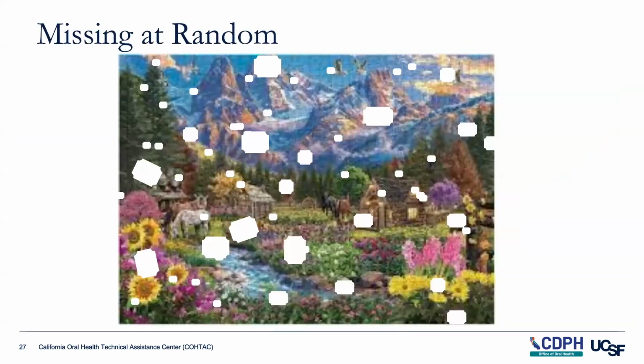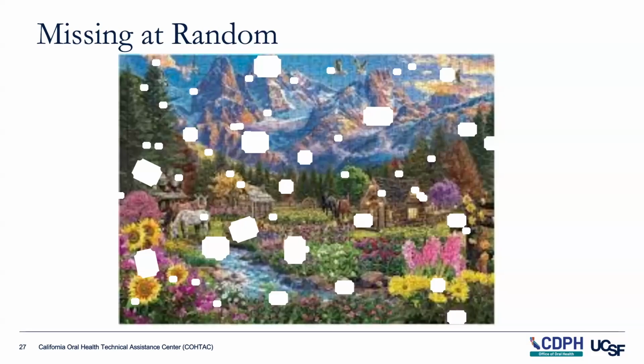When we do data, there's always missing data, right? In epidemiology, what we hope is that data is missing at random, which would be this example here. We have a picture and just randomly missing pieces of our puzzle. If that's distributed randomly, we can still kind of guess what the overall picture is because we're missing just little pieces separately.